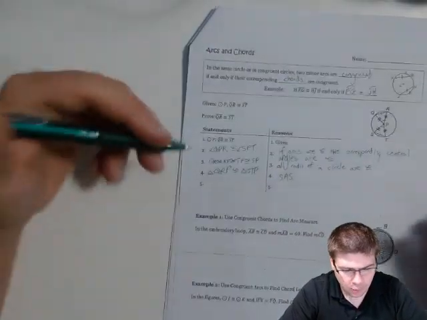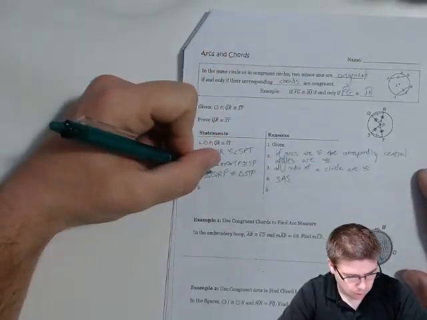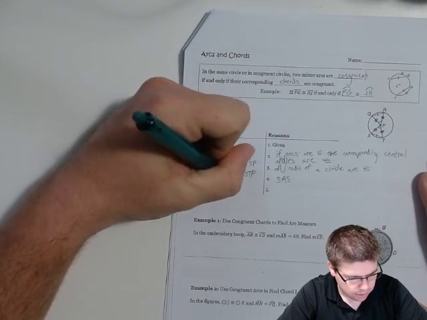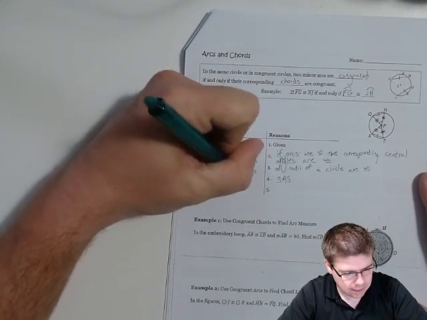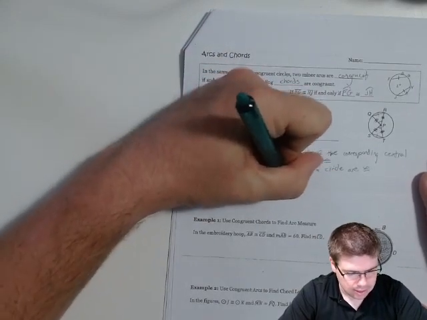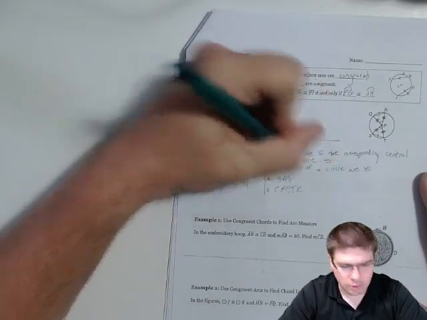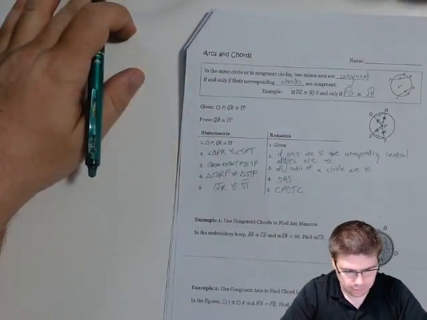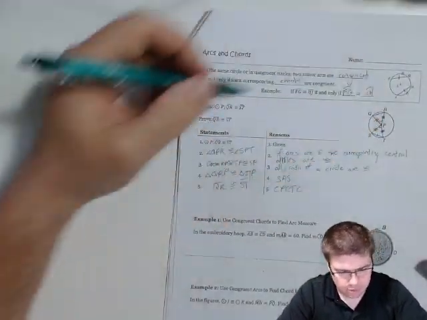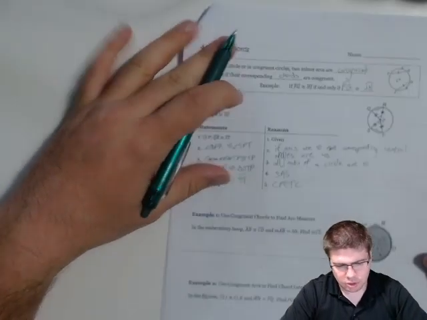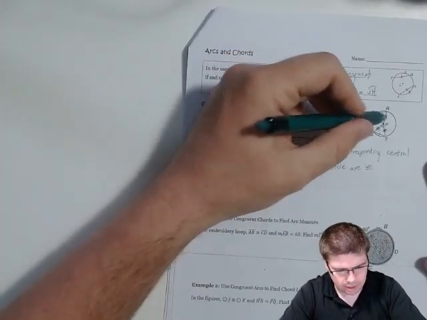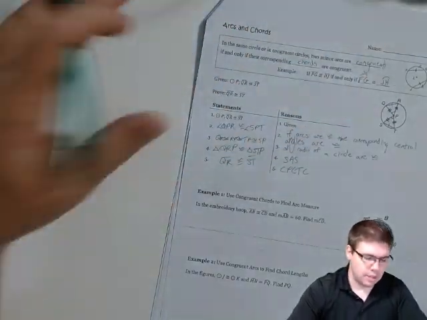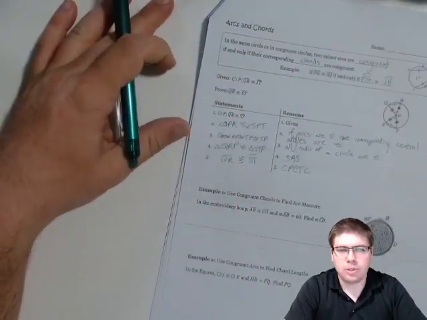And then from there, we know that segment QR is congruent to segment ST because of CPCTC. We know the corresponding parts of congruent triangles are congruent. And so that kind of proves it. And we could work that in reverse as well, go from congruent chords to congruent angles, and then from congruent angles to congruent arcs, and run that proof almost in reverse.